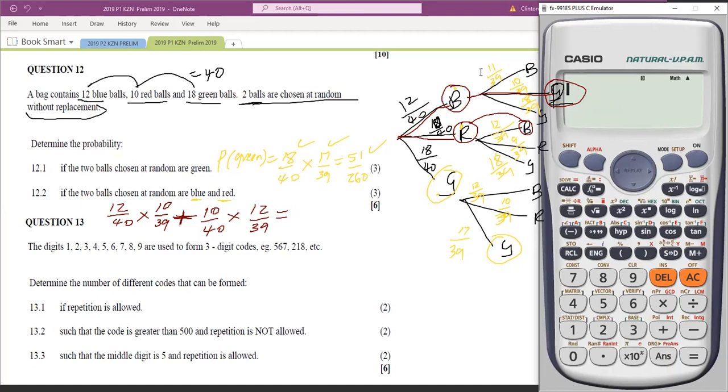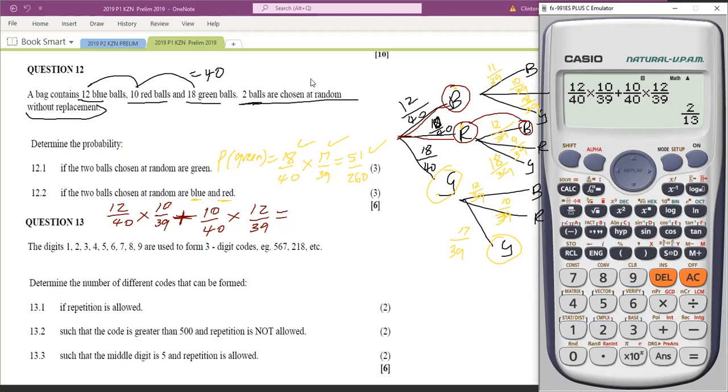So I just want to erase this part here so that we can see properly on our calculator. Okay, so let's see, we have 12 out of 40 multiplied by 10 out of 39 plus 10 out of 40 multiplied by 12 out of 39.